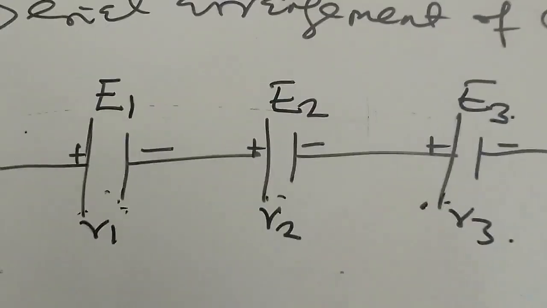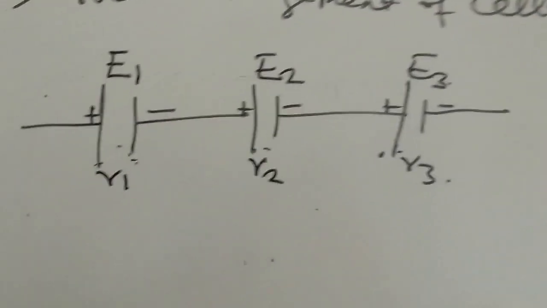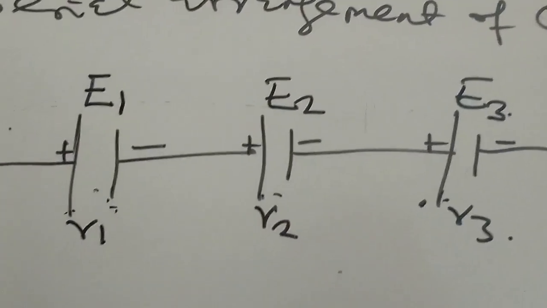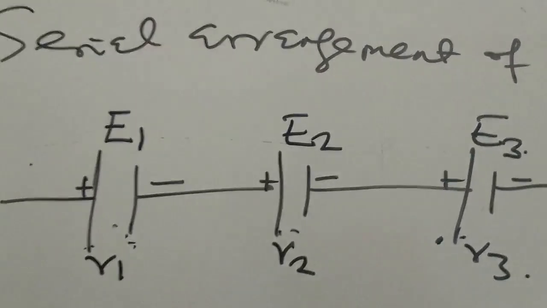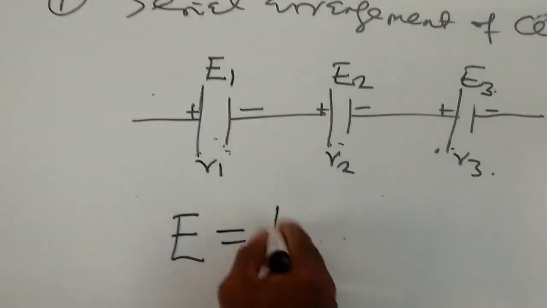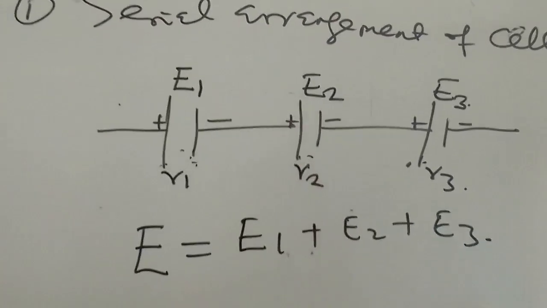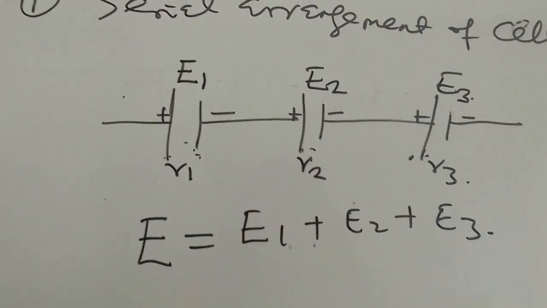Now, when cells are connected in series, how do we find the equivalent EMF or the net EMF? The net EMF is obtained by adding the total EMF of the cells. That is E1 plus E2 plus E3. That gives us the net EMF of the combination of cells in series.